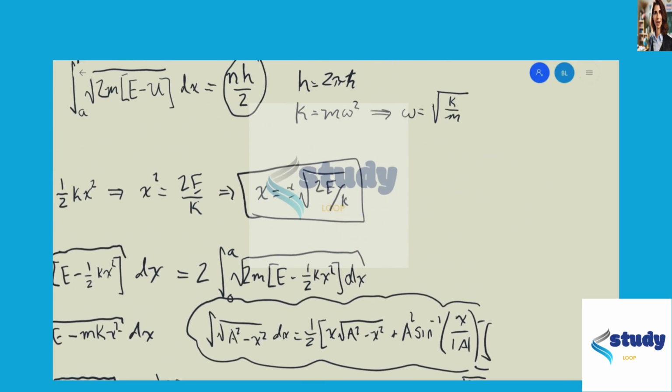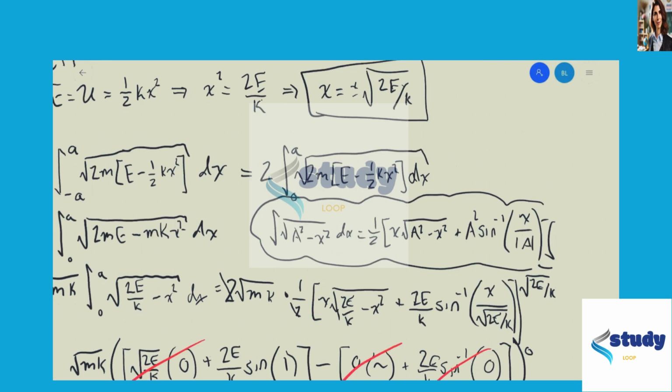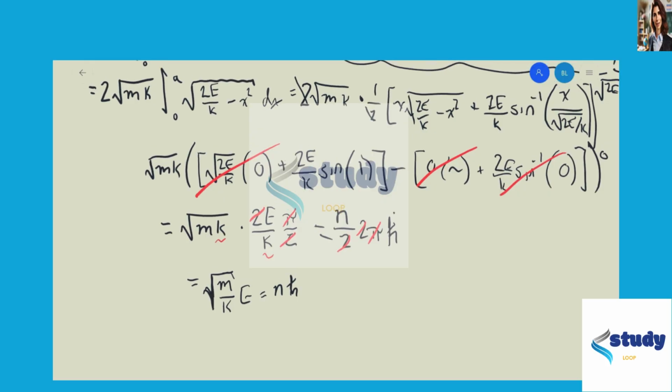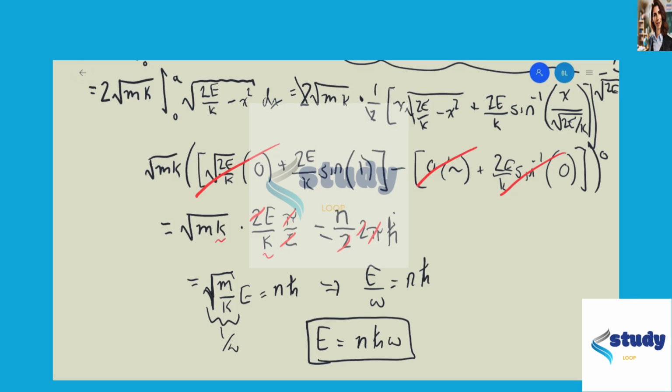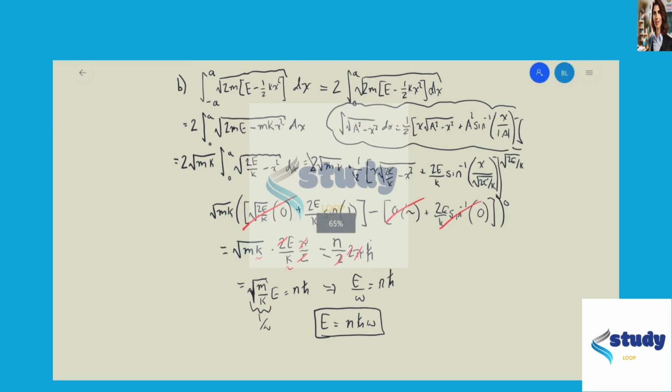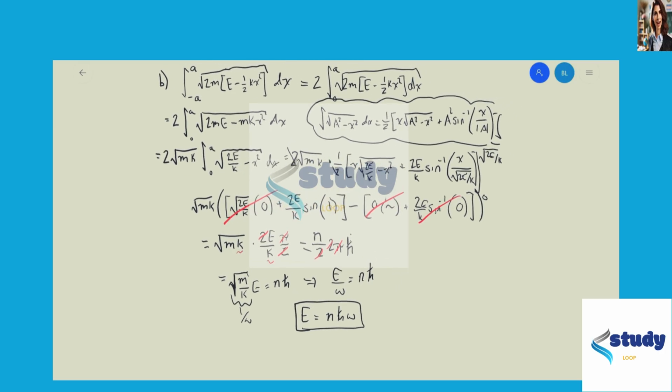So up top, we used that omega was the square root of k over m, which means that this quantity is actually just 1 over omega. So now we have e over omega is equal to n h bar, or that e goes as n h bar omega. And thus, part B, we have shown that the integral from the WKB approximation is going to give us E scaling with n h bar omega.